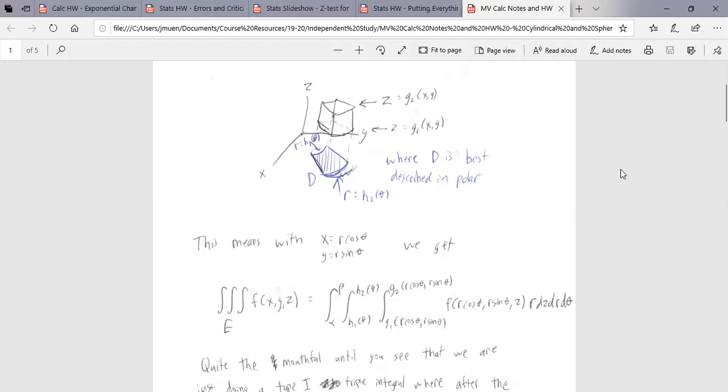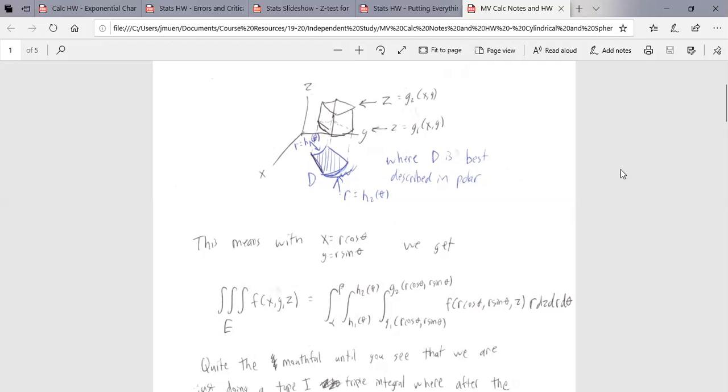And now, instead of integrating with respect to x and y, we're integrating with respect to r and theta, and maybe r is between two functions of theta, and theta is just between two constant angles, alpha and beta. So this is what we're working with here.